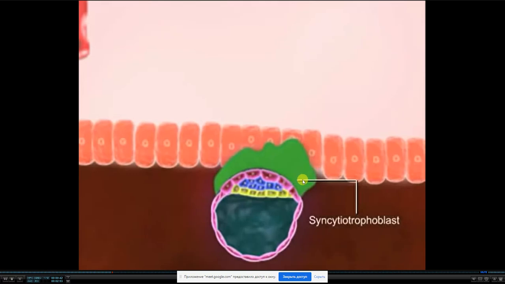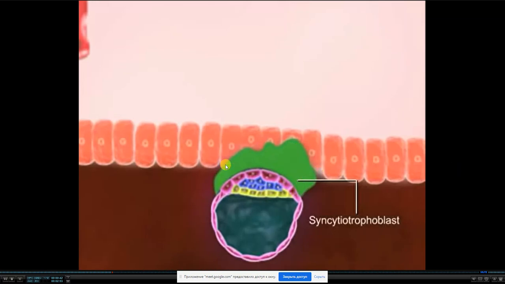But in syncytial trophoblast we have a lot of nuclei, a lot of individual cells, but with fused cytoplasms. So this is known as syncytial. Everywhere in future when you hear syncytial something, it means the cells have fused cytoplasms: a lot of nuclei in one cell, in one cytoplasm. So this is syncytial trophoblast.